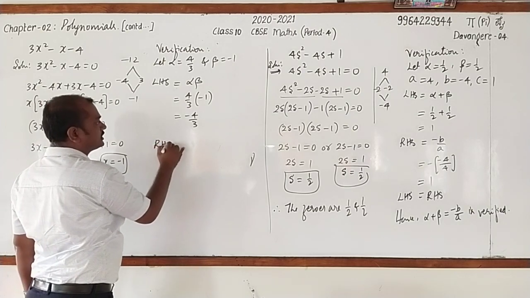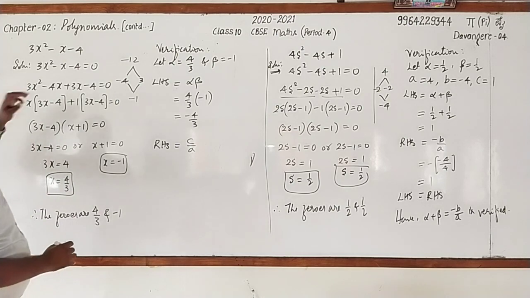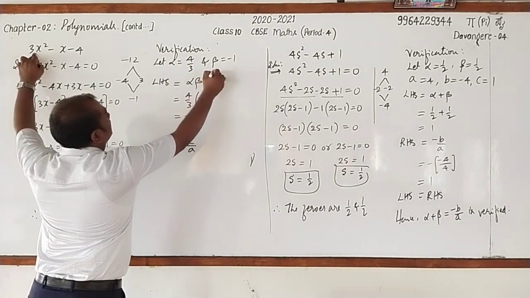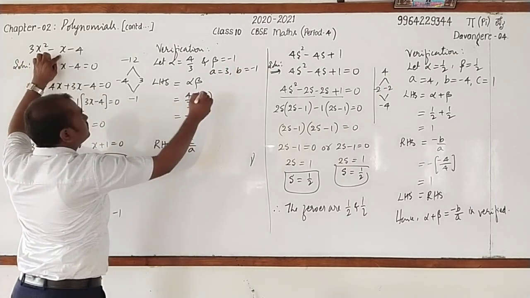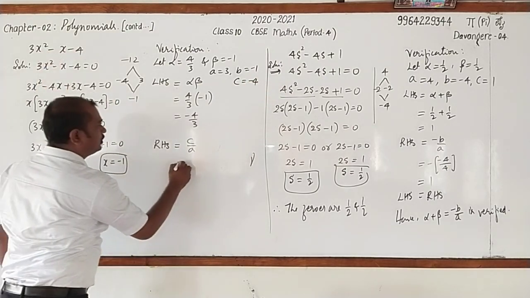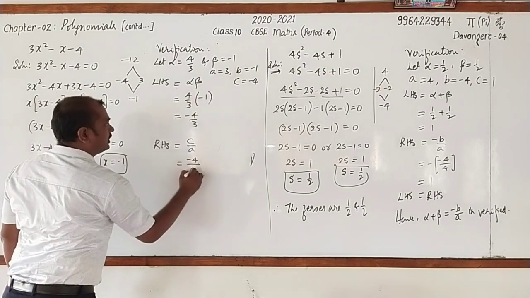Then RHS, it is c by a. What is c? Here we have to write a, b and c values. A is 3, b is minus 1 and c is minus 4. It is equal to c by a. C is minus 4. A is 3.